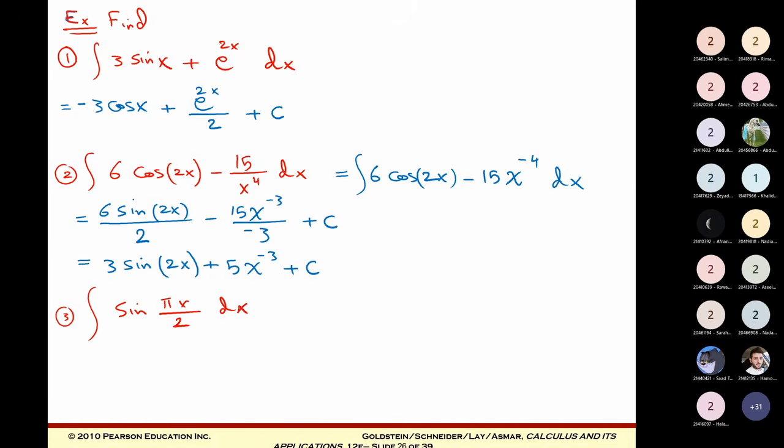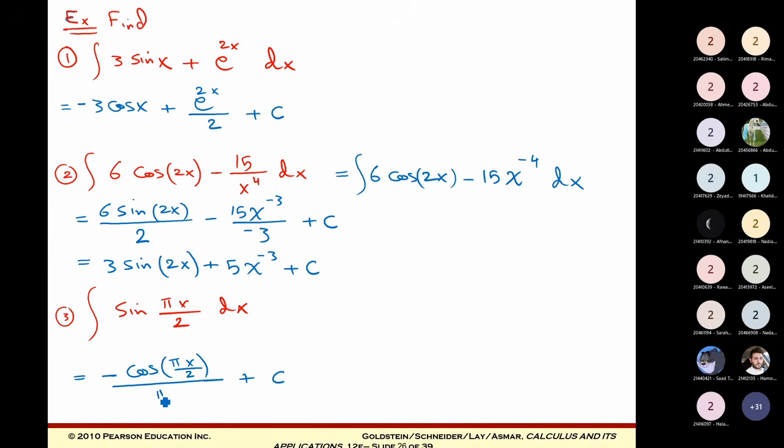Now the integral of sine is negative cosine, the same angle pi x over 2, over the coefficient of x. What's the coefficient of x here? 1 over x?